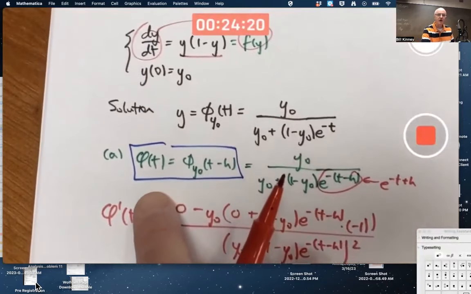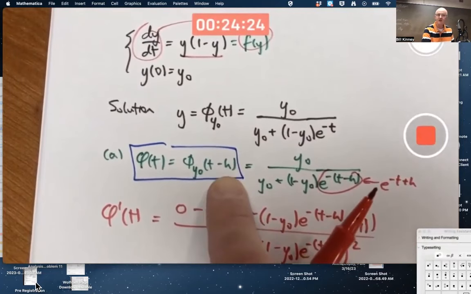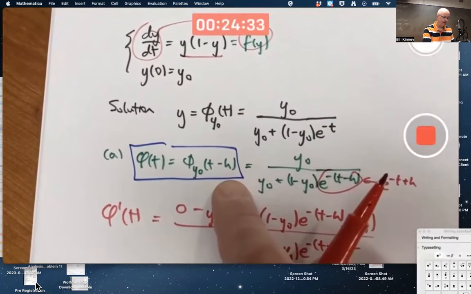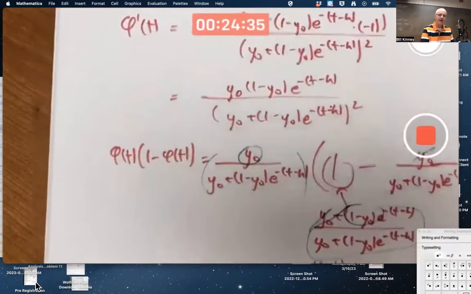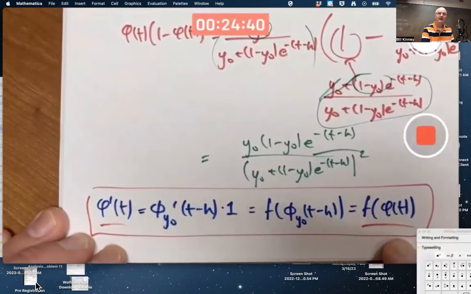And defined a new function based on an old function that was a solution, assumed to be a solution. It's a horizontal translation of that old function. If h is positive, it's a translation to the right. If h is negative, it's a translation to the left. With autonomous equations, you get a new solution. Ultimately the left-hand side equals the right-hand side when you plug in this new function in place of y.